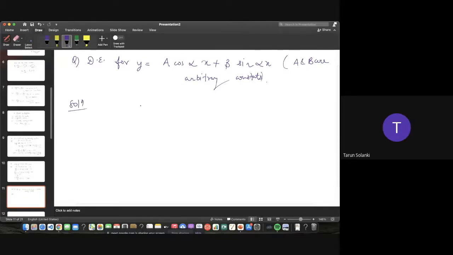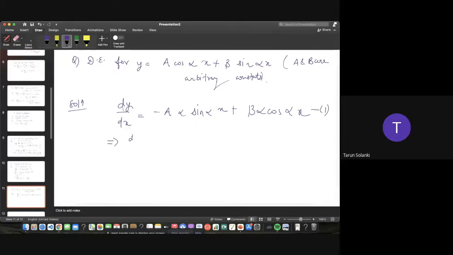So solving this, dy/dx equals minus a alpha sin(alpha x) plus b alpha cos(alpha x). Basically we are differentiating this.